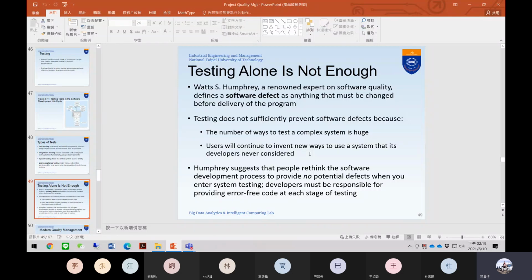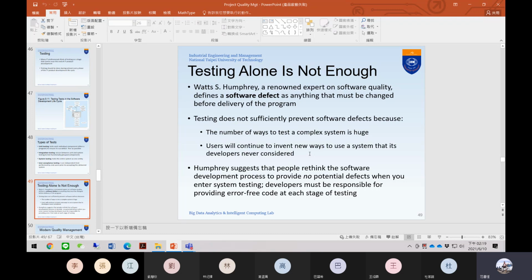Watts Humphrey, a renowned expert on software quality, defined a software defect as anything that must be changed before delivery of the program. So testing does not sufficiently prevent software defects.